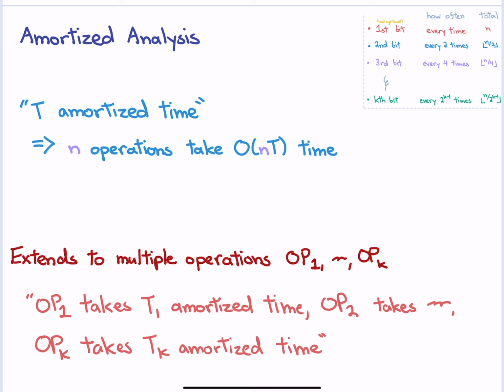So what that means is if I ran the first operation 10 times and the second operation 20 times, the total running time should look like 10 times a constant plus 20 times a constant, and so on and so forth. Even though, again, each individual operation may be more or less than its stated amortized time, you should still be able to add it up in the aggregate.